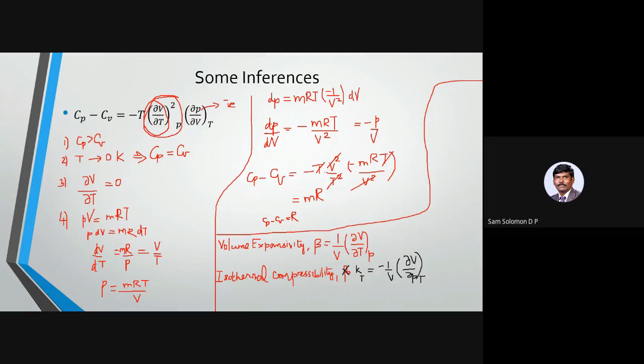What is missing is 1 by V, so I can multiply and divide by volume here so that I can express this in terms of beta. Similarly, here we have partial V and partial P, and what is missing is this volume.